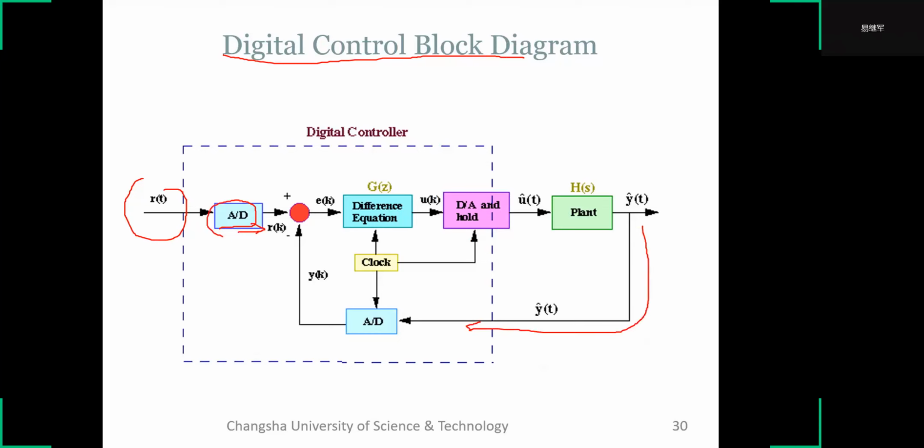We can change the signal to a digital signal with an AD converter. The input and the feedback are compared here, and the difference is input to the difference equation, and we get the results.